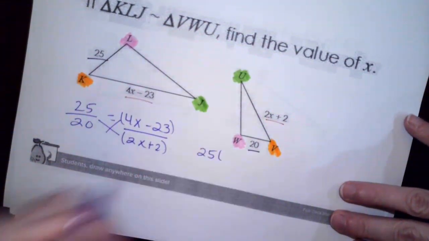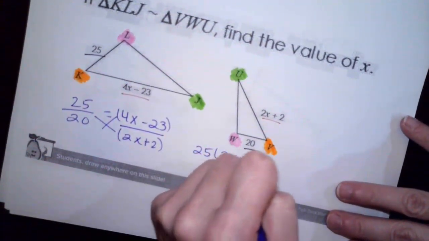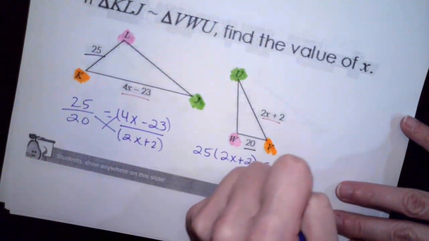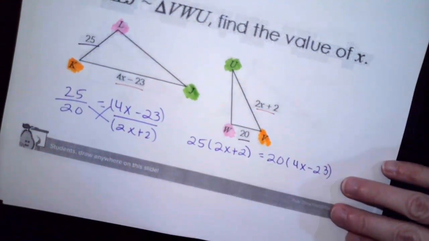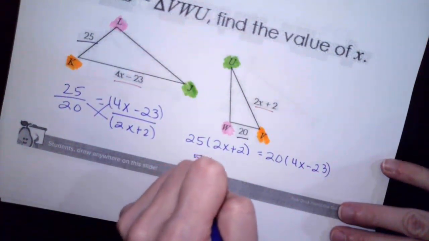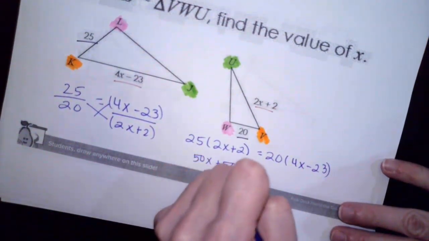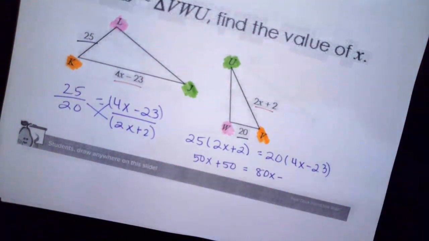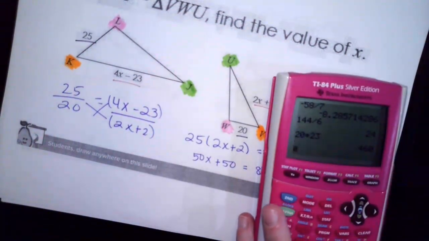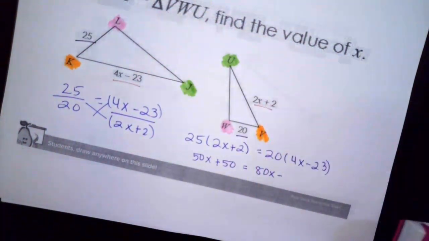So 25 times (2x plus 2) equals 20 times (4x minus 23). All right, now we have to distribute. So that's 50x plus 50 equals 80x minus, oh goodness, 20 times 23 is 460.